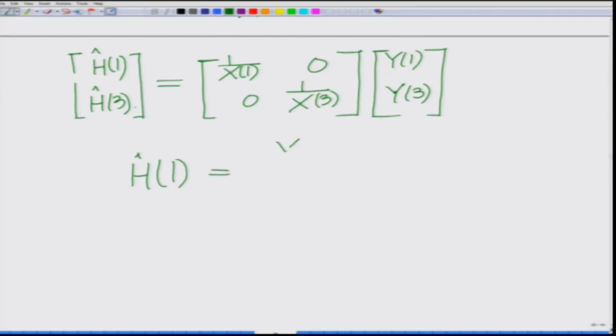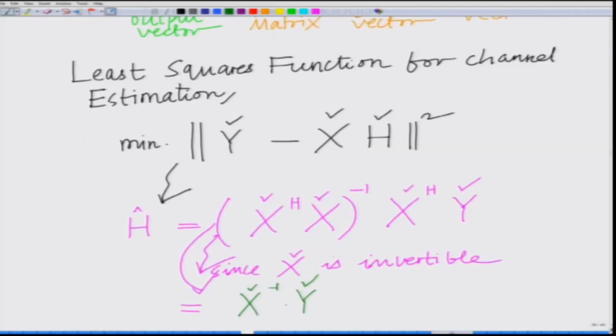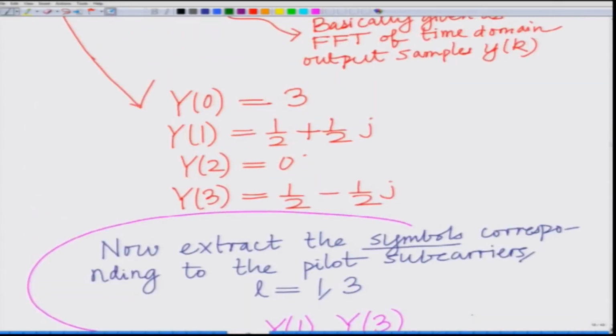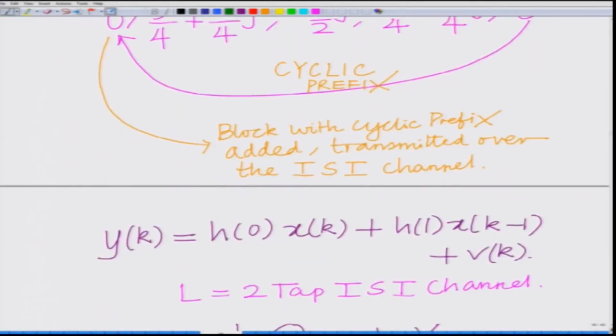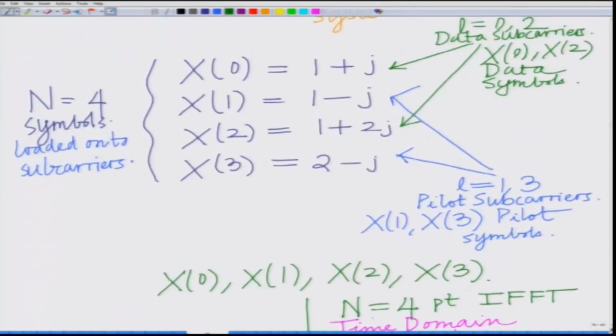Now I can calculate the estimate H hat 1, as simply y1 divided by x1, and we know both of these. For instance, y1 is something that we know from here, this is your value of y1, and x1 is something that you know from here, that is a pilot symbol loaded onto subcarrier 1, that is 1 minus j.